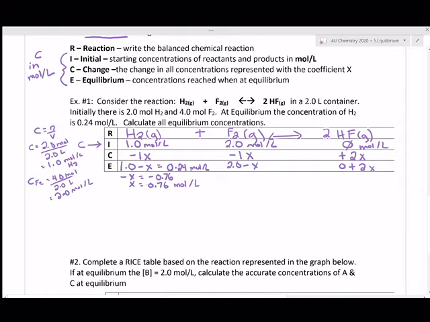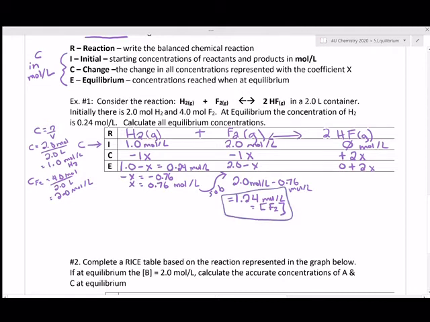So now if we fill that in, we're going to sub into here, 2 moles per liter, subtract 0.76 moles per liter, is going to give us 1.24 moles per liter, and that is equal to fluorine's concentration. Remember, square brackets tells you concentration.